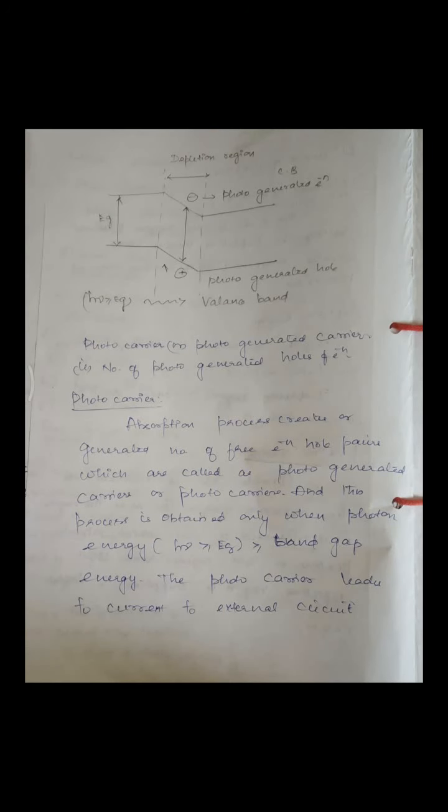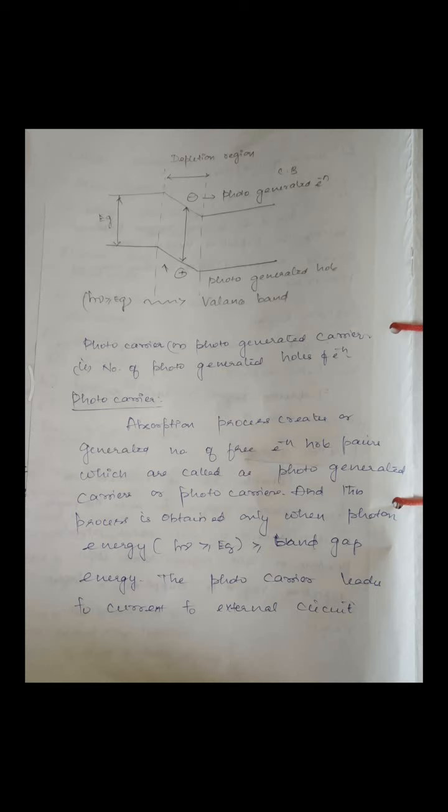So let us consider a photon of energy h mu which is incident on the depletion region. There, the photon gives up its energy and excites an electron from the valence band to the conduction band. This process leaves an empty hole in the valence band, and this is called photogeneration of free electron hole pairs, which are also known as photocarriers.